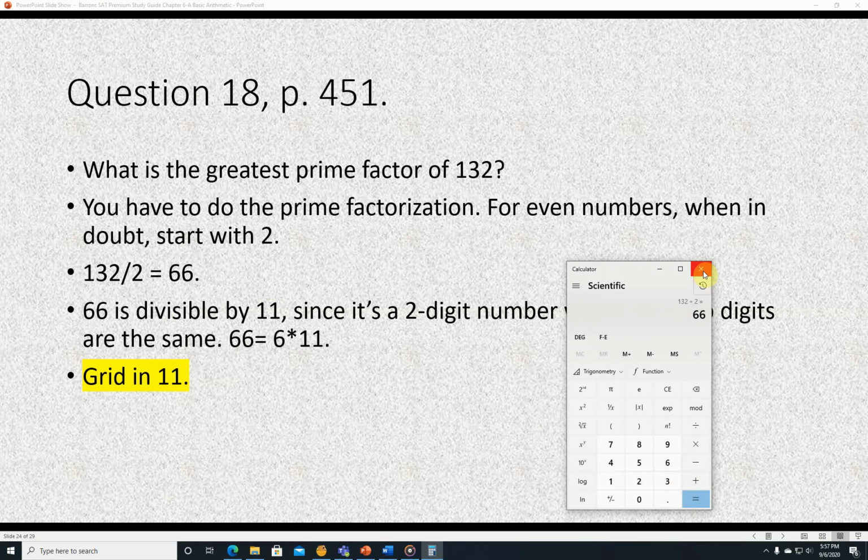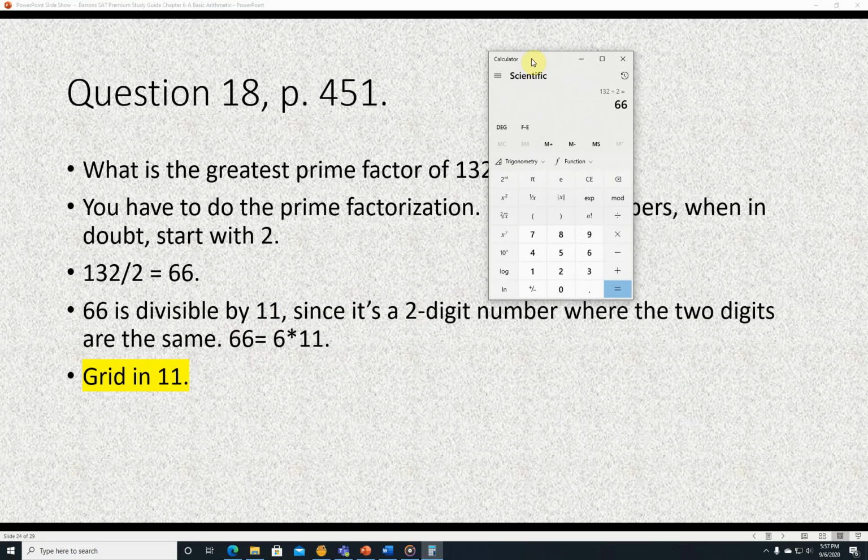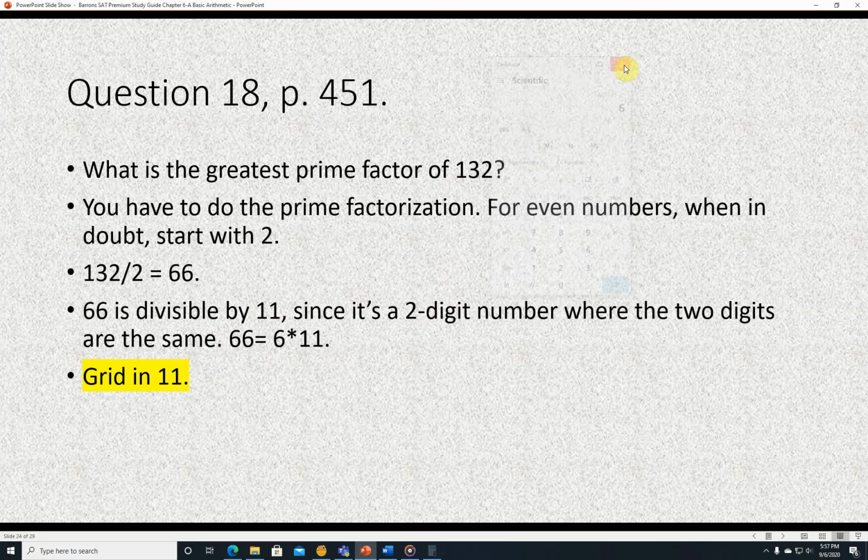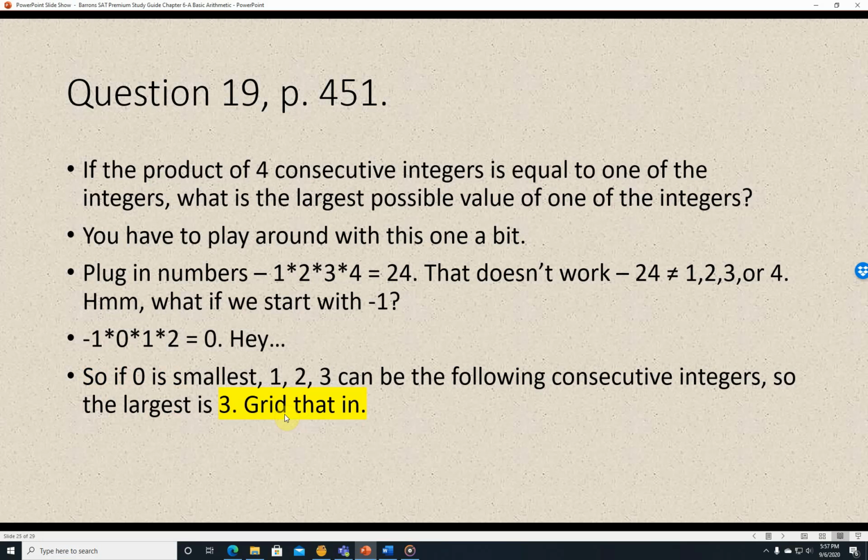That's 66. Okay, 66 is divisible by 11. How do I know that? Because it's a 2-digit number where the 2 digits are the same. That's always a multiple of 11. So I can just divide that by 11 and I get 6. So definitely the largest prime factor is going to just be 11. So grid in 11. Question 19, page 451.